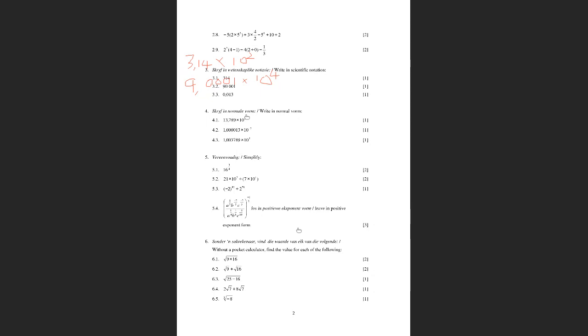The next one is going to be 1, 3, because the comma is to the left, we go 1, 2, so it will be times 10 to the power minus 2.